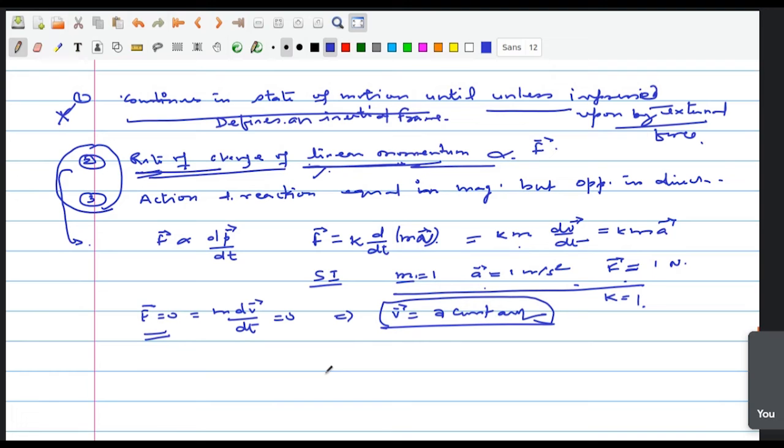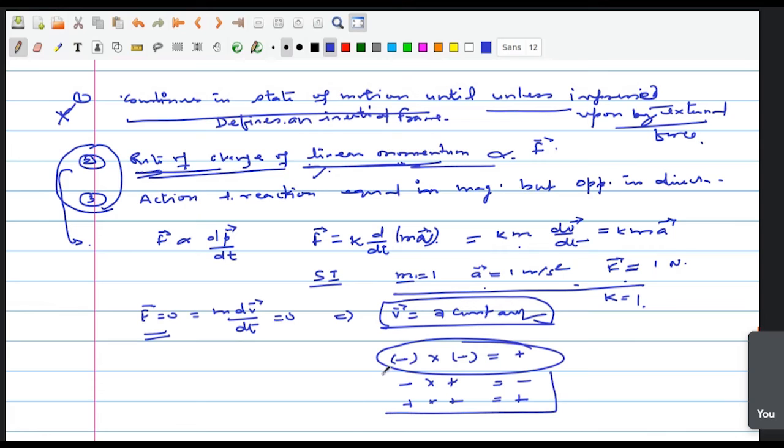In the same way, look at another issue: minus into minus, you take as plus. You take this for granted, but what is the reason? Why is minus into plus minus, and plus into plus plus? It is very simple. This is from your 7th class.